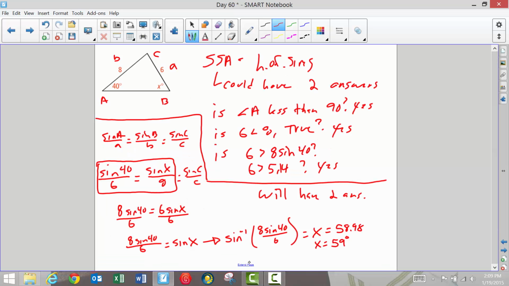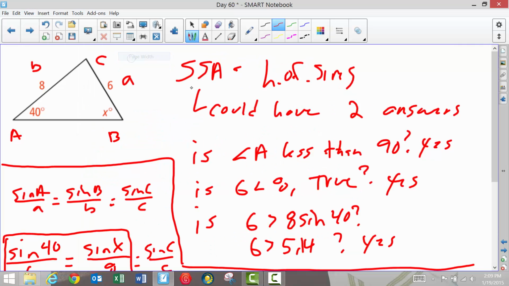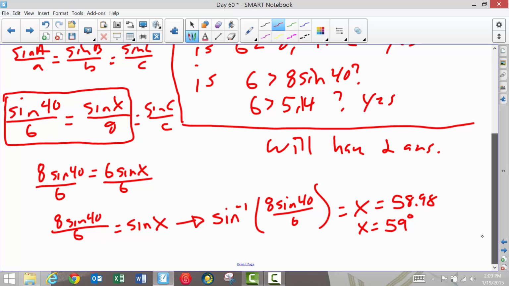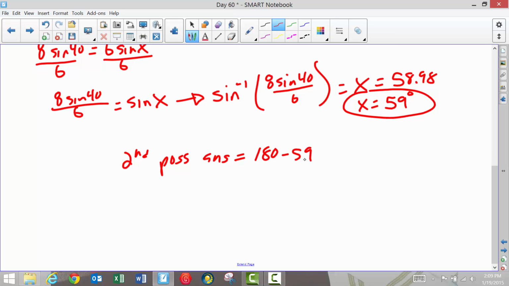So here's my first possible answer, and my second possible answer will be 180 minus 59. So you do 180 minus 59, and you'll get 121. So those are your possible answers with side-side-angle.